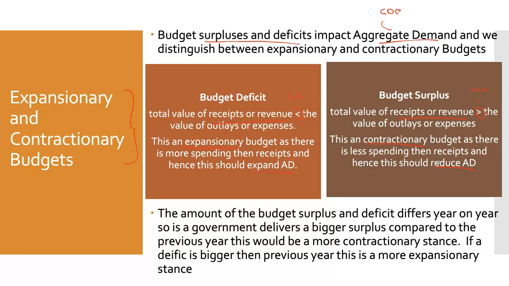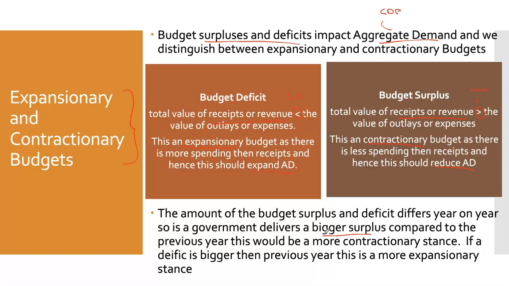So the amount of this budget surplus or deficit differs year on year. So we might start to recognize that even if there is a deficit, a government could actually be trying to take a contractionary approach. So if a government, for example, delivers a bigger surplus than before, it's taking a contractionary stance because it's making a bigger surplus than last year.